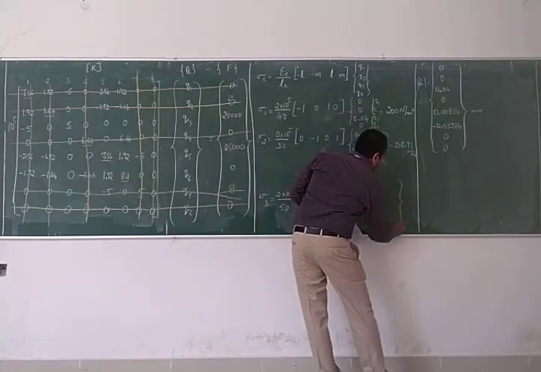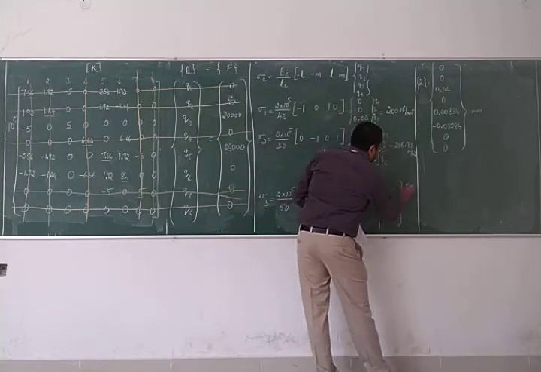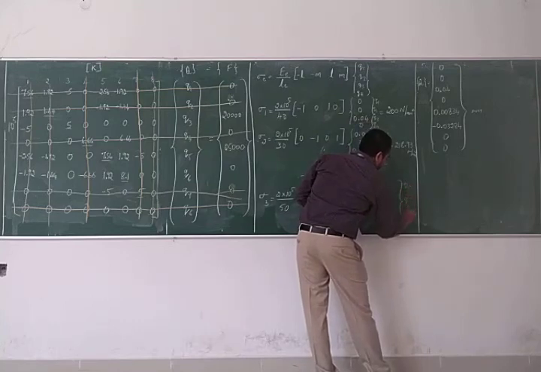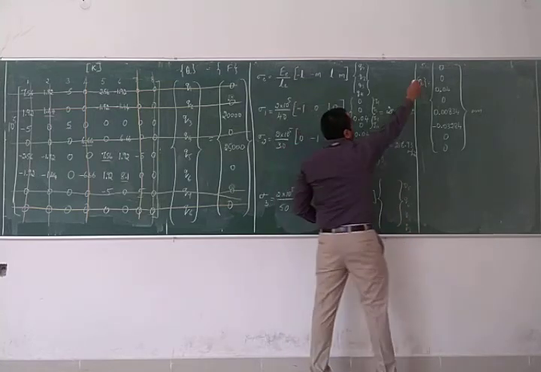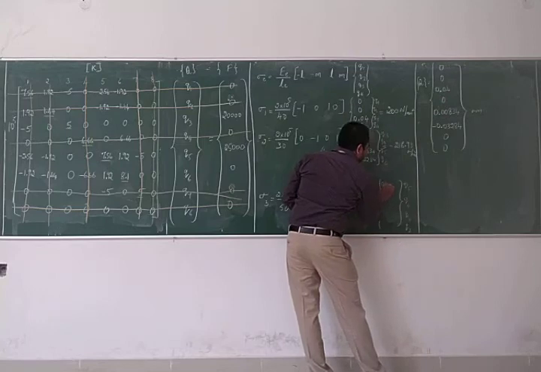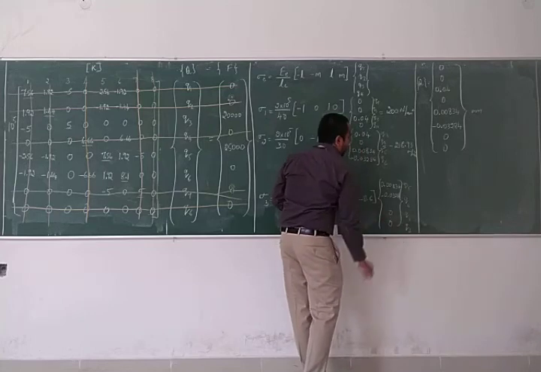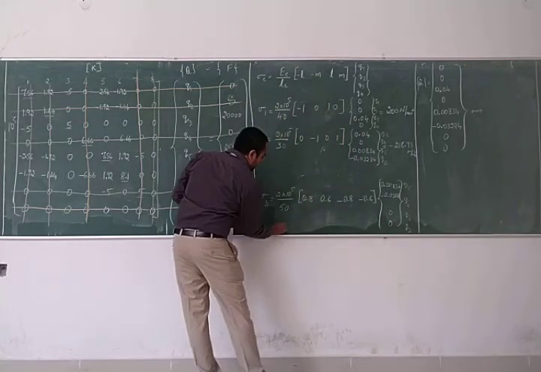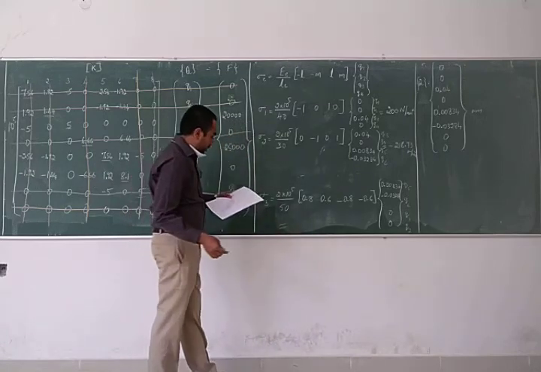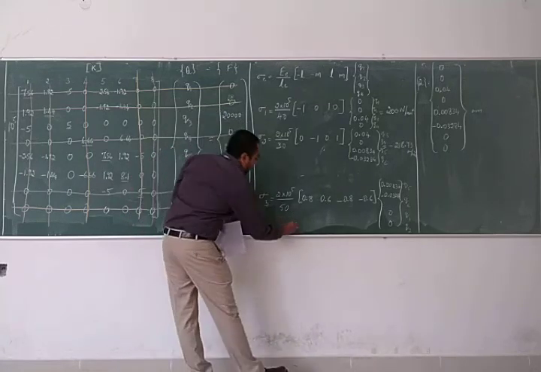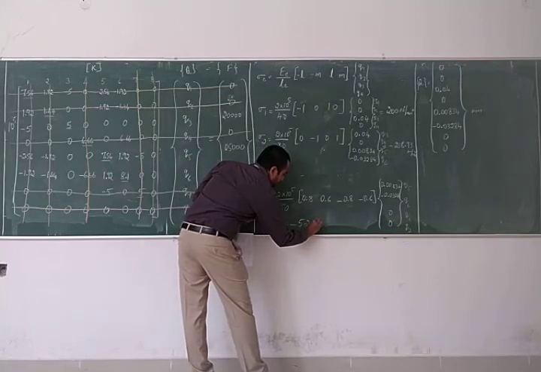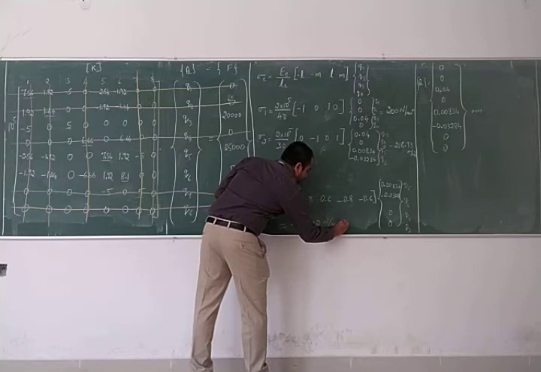So if I write this Q5, Q6, Q1, Q2, what is the value of Q5? Minus 0.00834. Q6 is minus 0.03284. Q1 and Q2 are 0. We will obtain the stress value as minus 52.12 Newton per millimeter square.